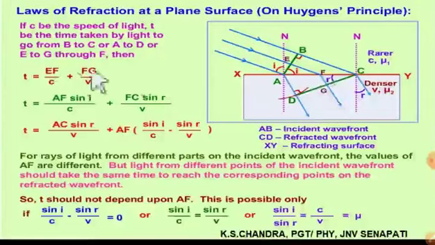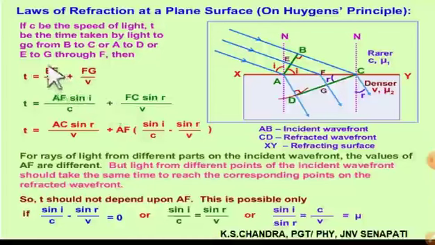Got it? We know that distance traveled by a body will be equal to speed into time. So time will be distance divided by speed. So the distance is EF and its speed in the rarer medium is c. And for FG, the distance is FG and the speed will be v. So distance divided by v will be the time taken to move from F to G, right?